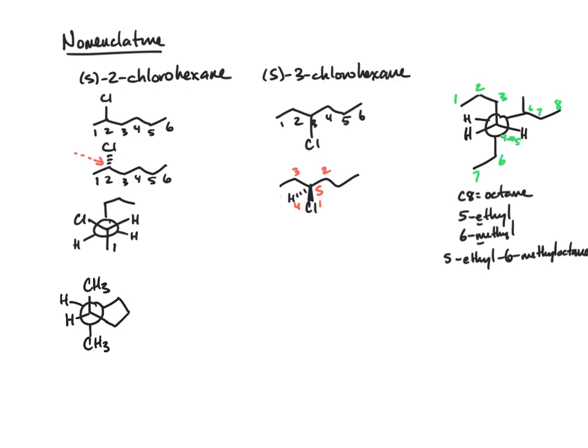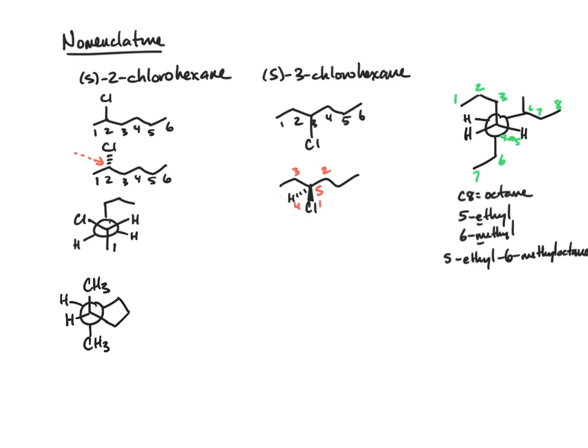So the front carbon and the back carbon are connected to one another. What does that mean? So what size ring is it? It's 5. So it's a cyclopentane.